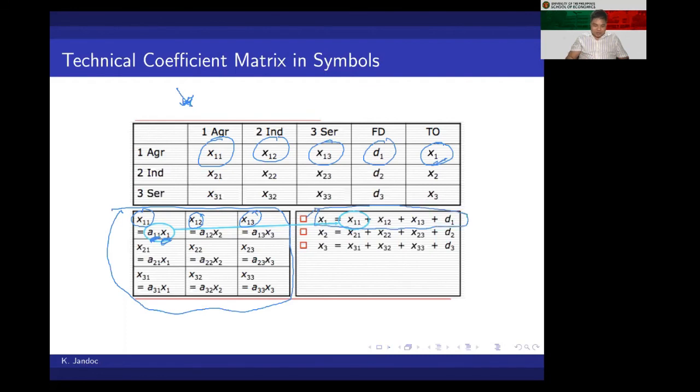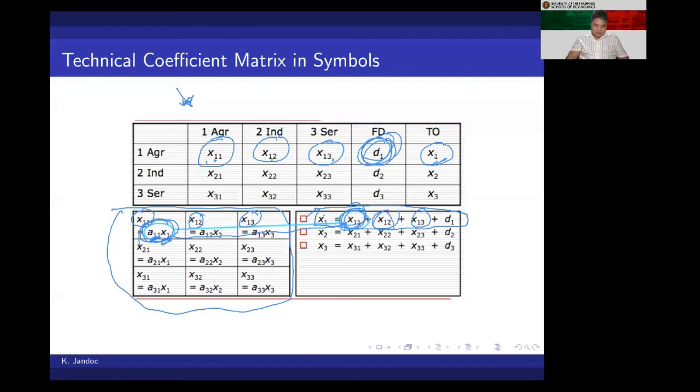Okay, so X1, the total output, is just the sum of the output supplied by sector 1 to the different sectors 1, 2, and 3, as well as to households, governments, and the rest of the world, which constitutes final demand, D1, the final demand for sector 1. Okay, so we can rewrite each of these entries X11, X12, X13 by this, in this table. So X11 over here is A11 times X1.